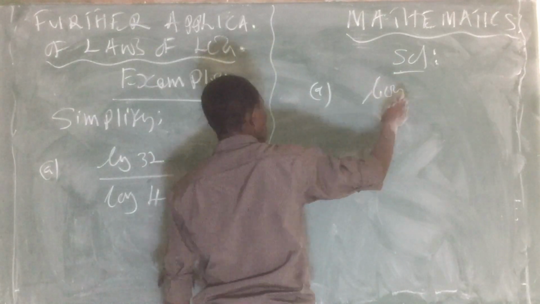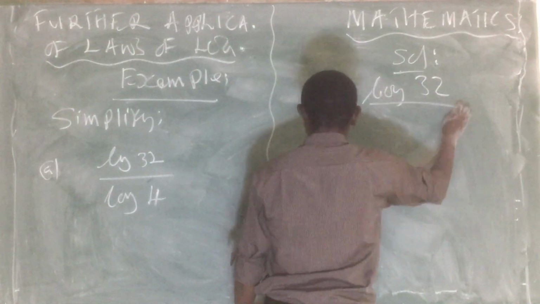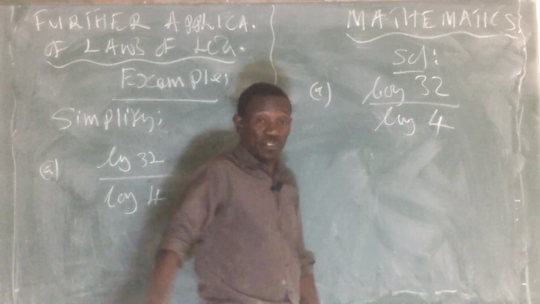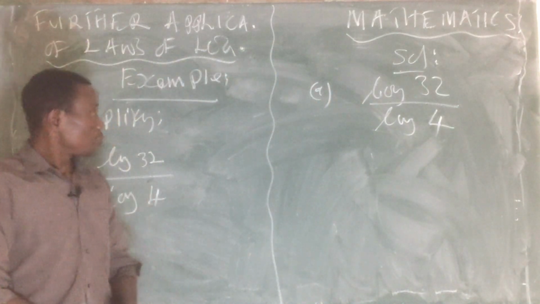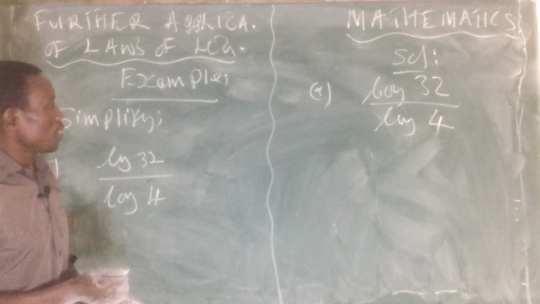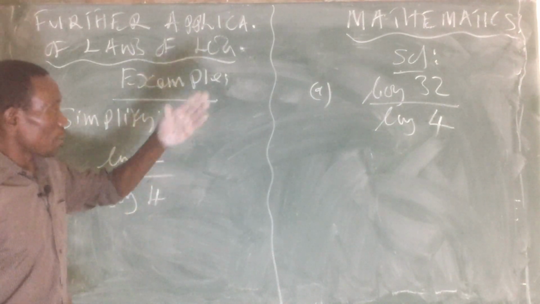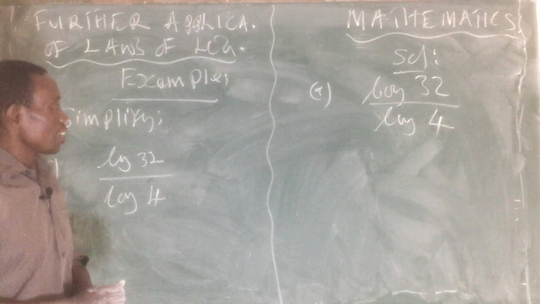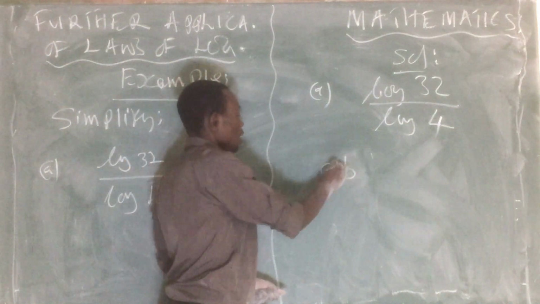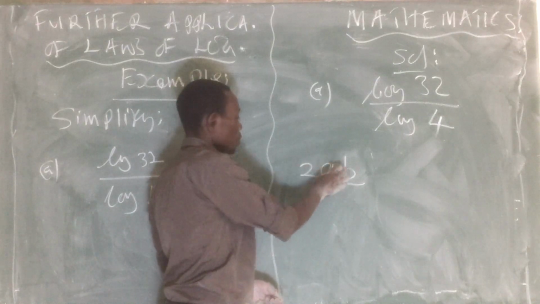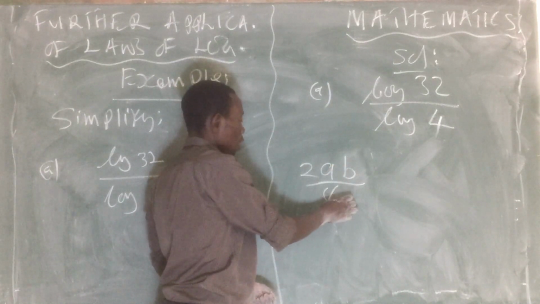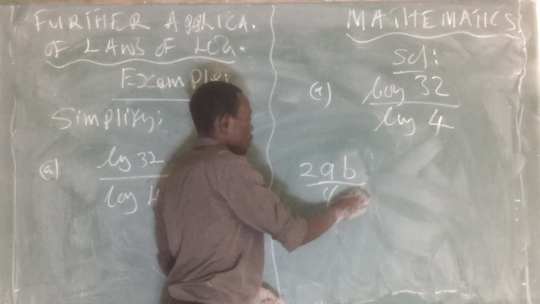I'm first of all going to explain the common errors that most of us students make. In this case, we might be thinking of what we do in an algebraic fraction, where we just cancel the common factor. Say, for example, I've got 2ab over 4ab squared.